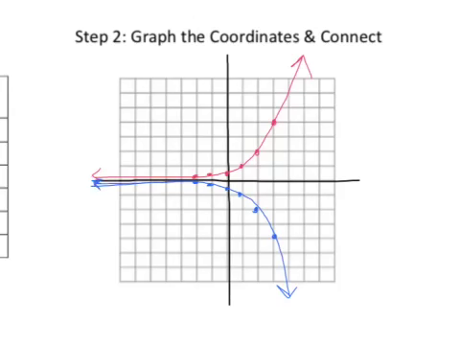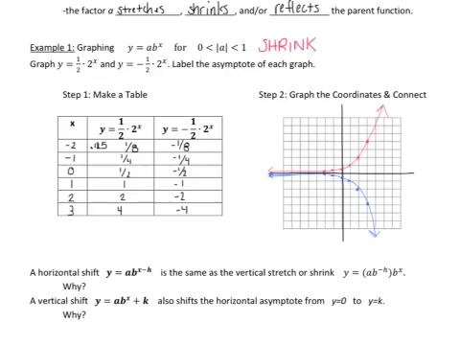You kind of get the shape of the graph. So for the first one, the positive one, what was the y-intercept? It was a half. What was the a value? So those are the same. Okay, so for the negative one, what was the y-intercept?